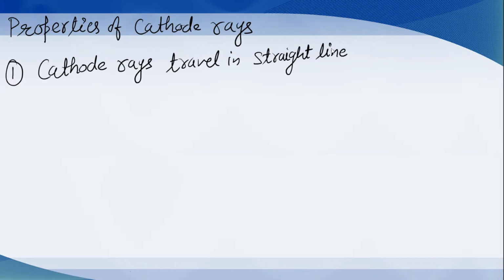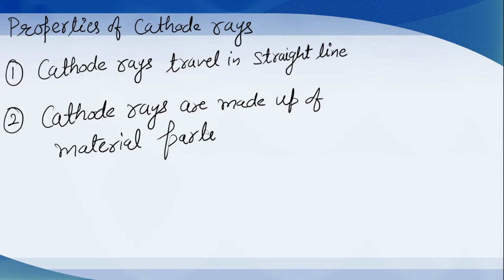Second, cathode rays are made up of material particles, because if we place a paddle wheel in the path of the cathode rays, it starts rotating.